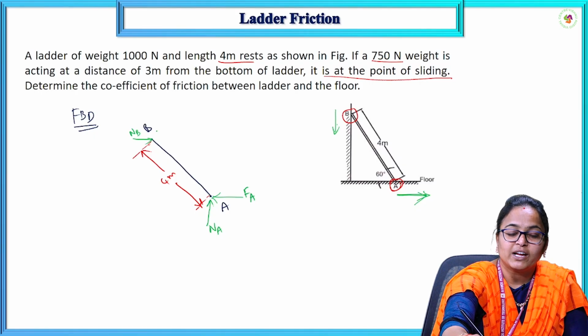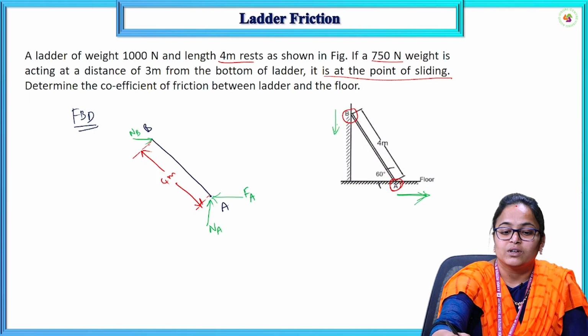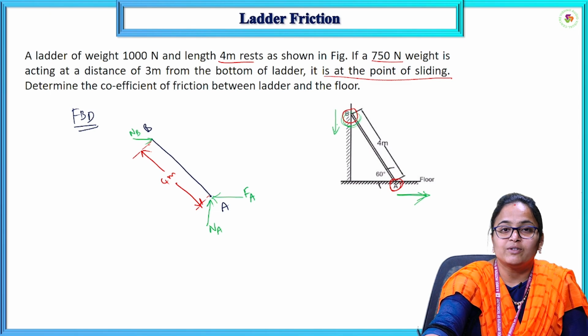Now, coming to point B, there is no case of friction between the wall and the ladder. In the question, they are not mentioning any frictional force or coefficient of friction between the wall and the ladder.